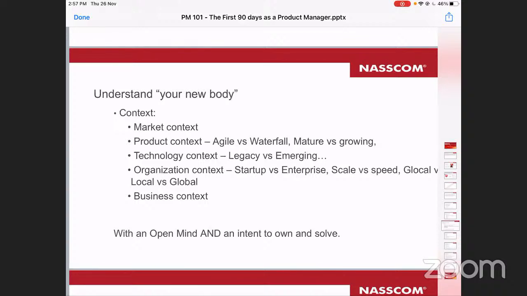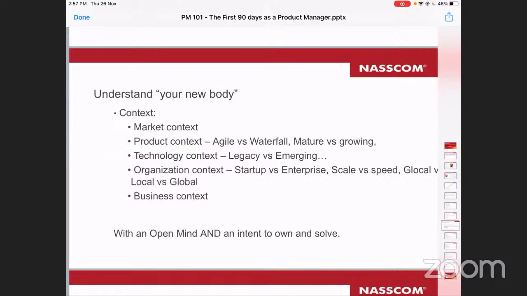Is the product catering to a B2B audience, B2C audience, or B2B2C? Is the product focusing on a specific set of customers in a domain? Let's say financial services only focused on insurance, and within insurance only a certain set of agents.